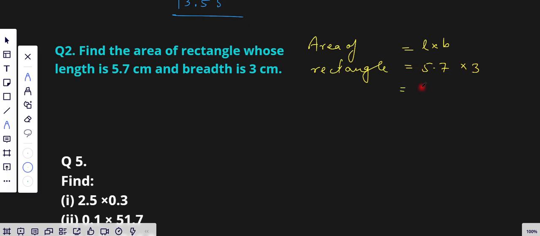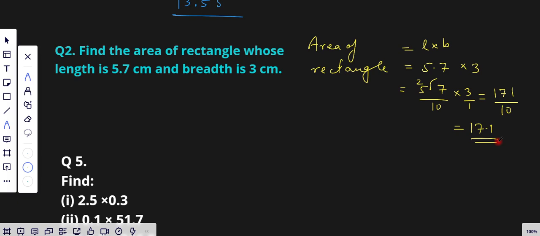Or you can remove this decimal, put 10 in the denominator, multiply by 3. So 57 into 3: 3 sevens are 21, 2 is carried, 3 fives are 15, 17, so 171 divided by 10, sorry. So put a decimal before the last 1, after 17. So you can write 17.1. This is your answer.